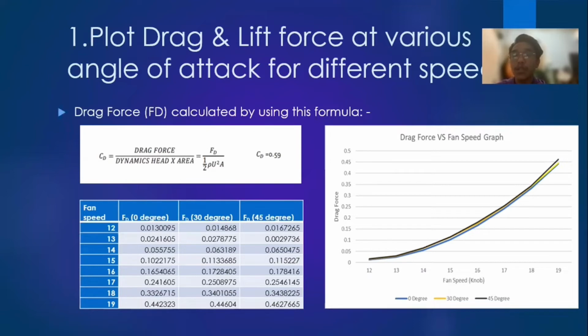We use the formula CD equal to drag force over dynamic head multiplied by area. CD is a constant, which is 0.59. So when we put the data in this formula, we can get the FD for 0 degree, for 30 degree, and for 45 degree.